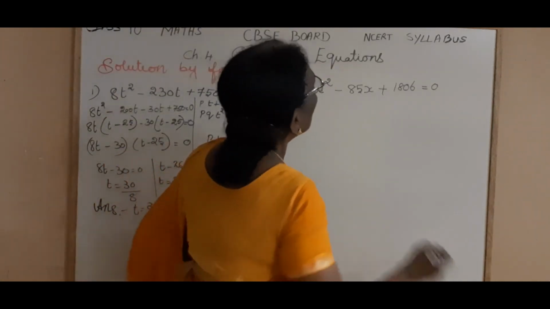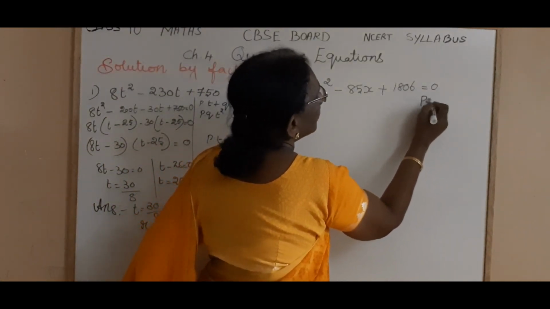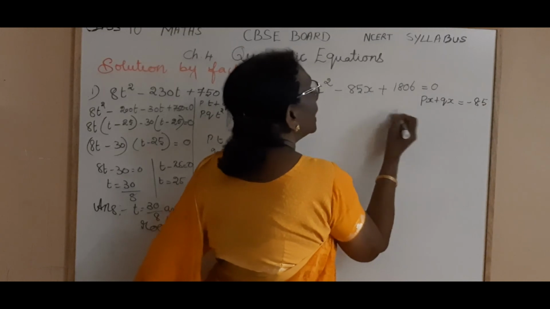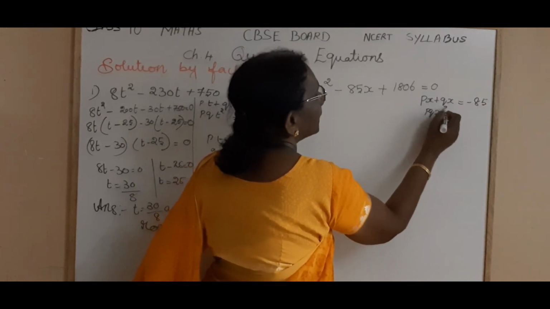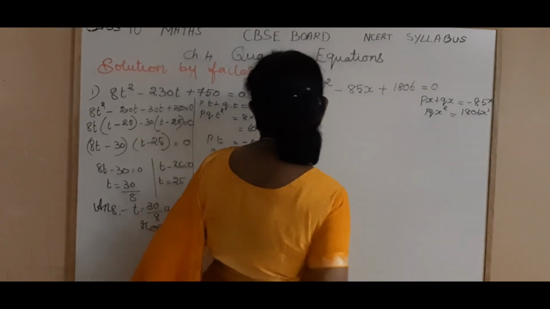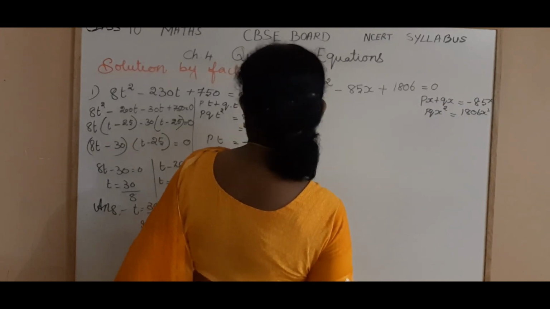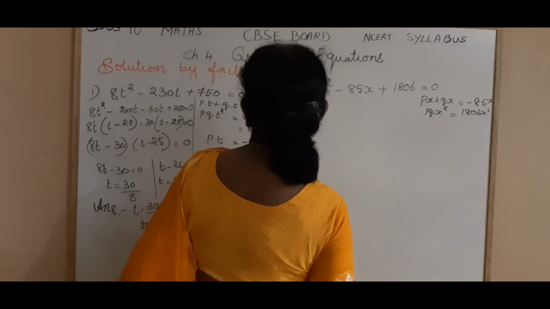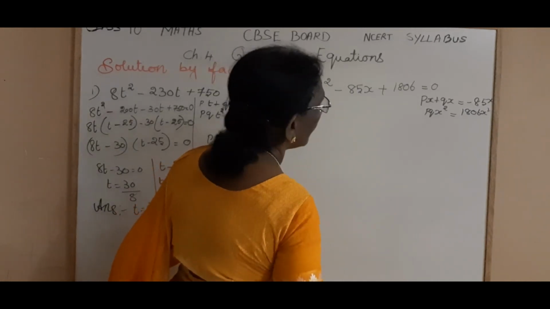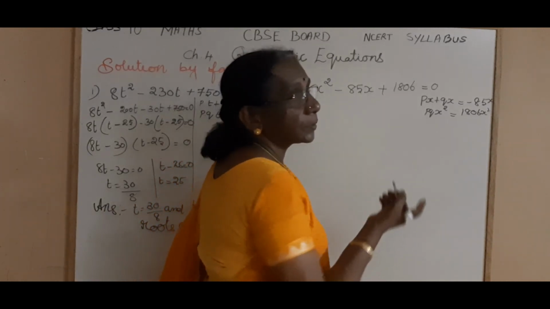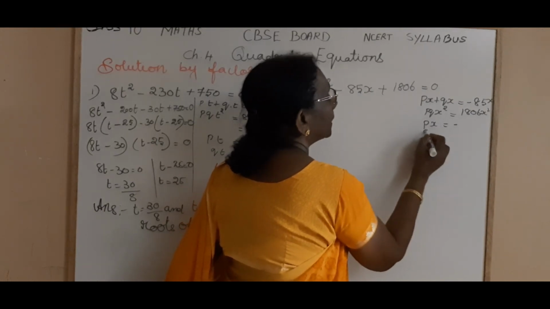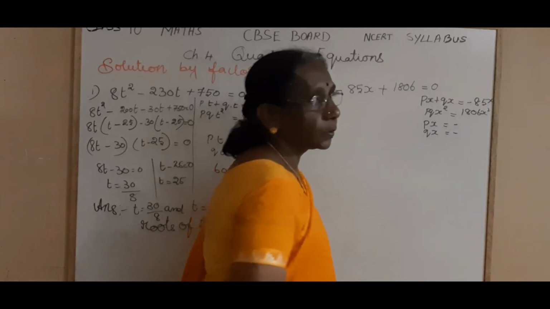Okay, so here again px plus qx is equal to minus 85 and pqx square is equal to plus 1806 x square. Okay, now here also px will have a negative value and qx will also have a negative value.